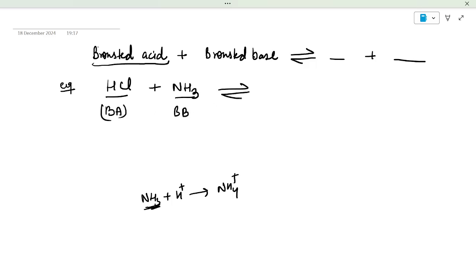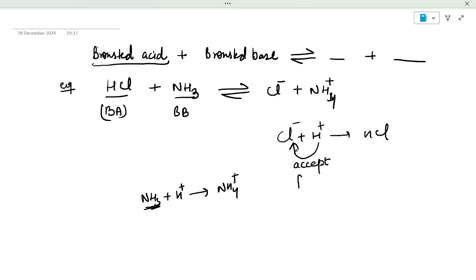HCl will be converted into Cl negative, and ammonia gets converted into NH4 positive, right? As you see, the Bronsted acid has been converted into Cl negative. Now Cl negative can again combine with H positive to form HCl. So this Cl negative has a tendency to accept a proton. That means Cl negative can be called a Bronsted base.